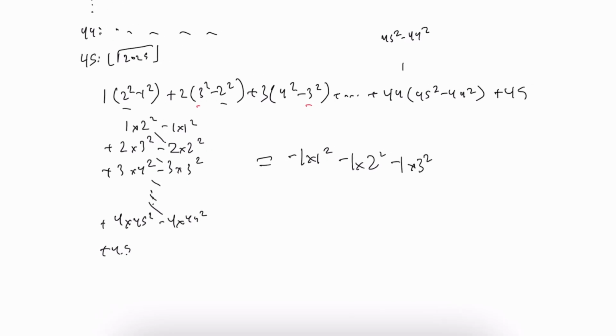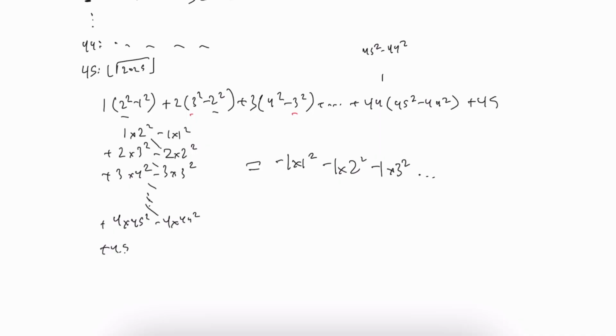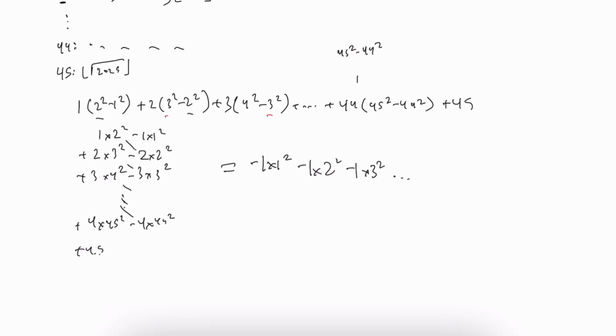Again, this will generalize and keep going until we have minus 1 times 44 squared, plus 44 times 45 squared, plus 45.